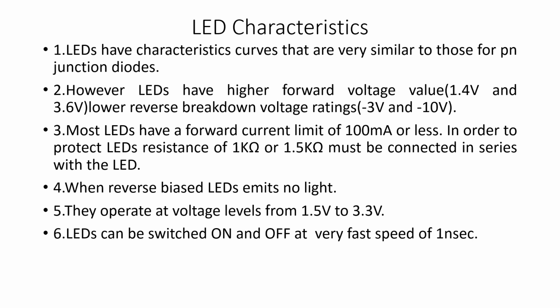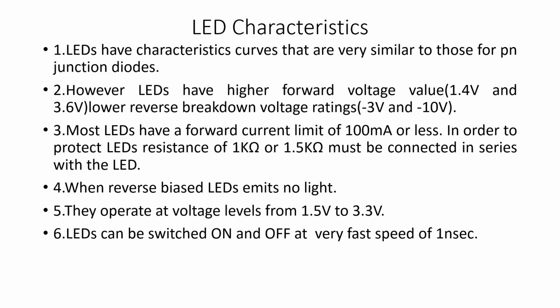And one important thing in LED is that for protection of the LED you have to connect a series resistance to the LED, that ranges from 1 kilo ohm or 1.5 kilo ohm.